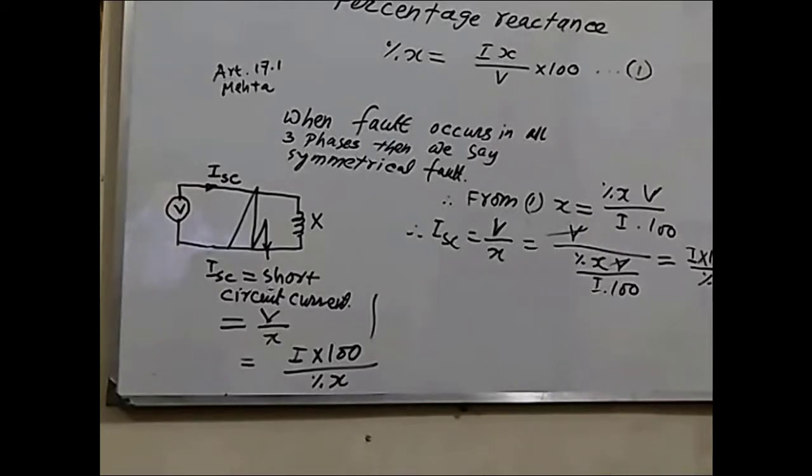Number one. And second, the equation of short circuit current I_SC equal to I into 100 divided by percentage reactance. The two equations we have got. I will develop another equation that will be needed for solving our problems.